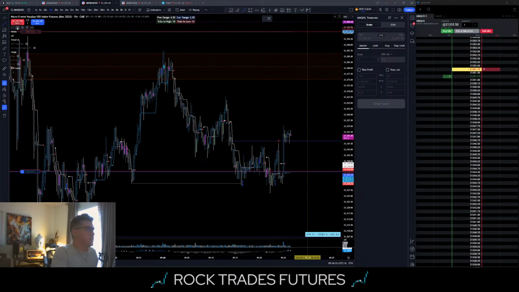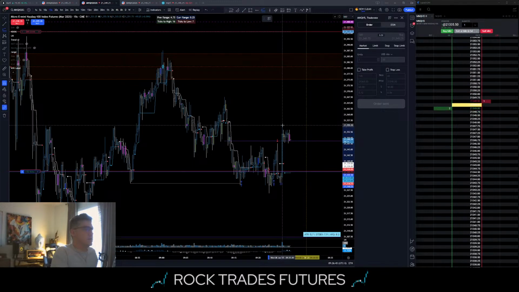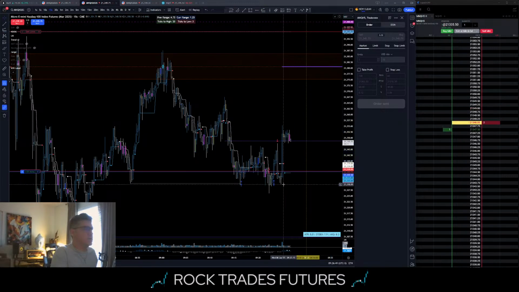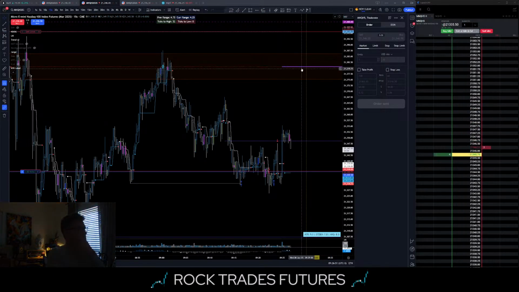And I like the volume, and I like the large range of this candle. Could see a measured move up, just like a strict measured move is double the length of this.